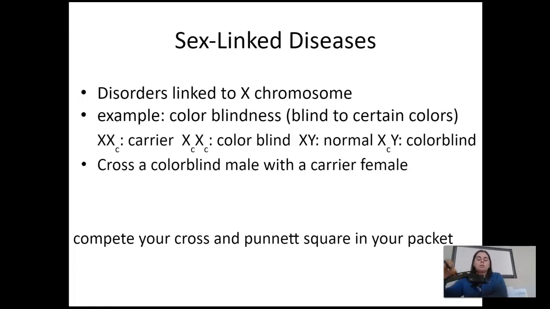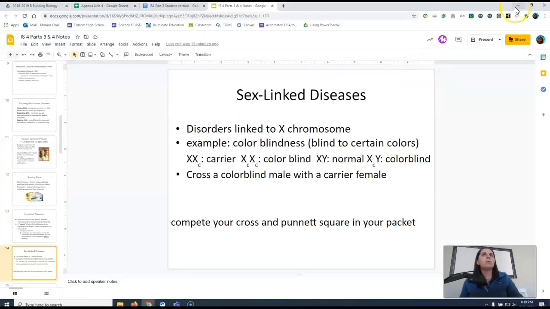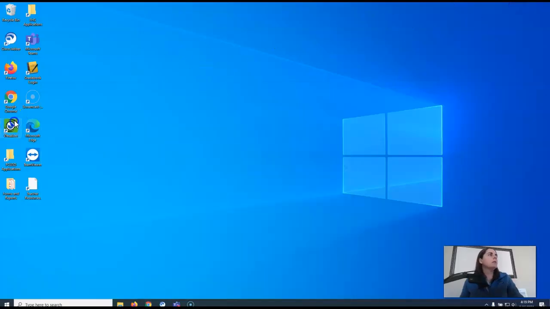I'm going to switch this over to our document camera. Let me write down our P1 cross. If we have a colorblind male, he's going to be X^C Y, with a carrier female, X X^C. And I'll show you what that looks like here in a second.